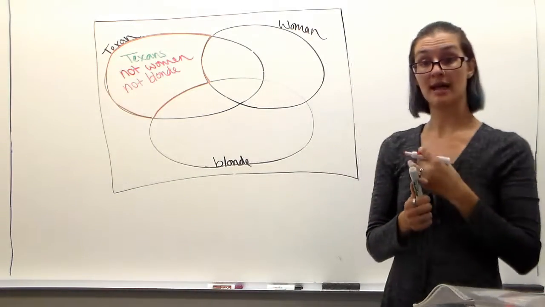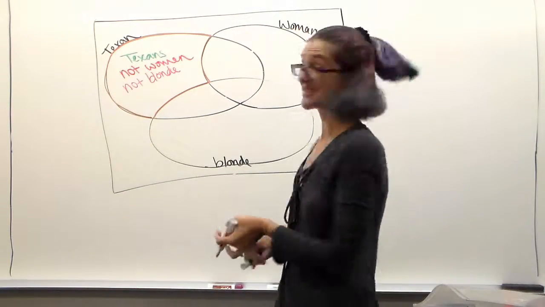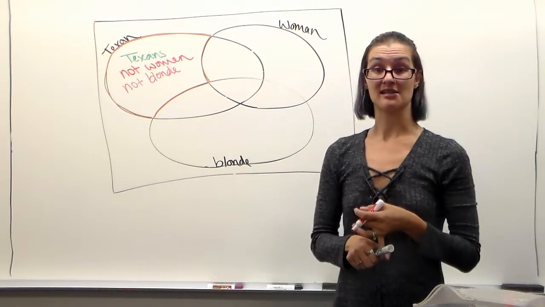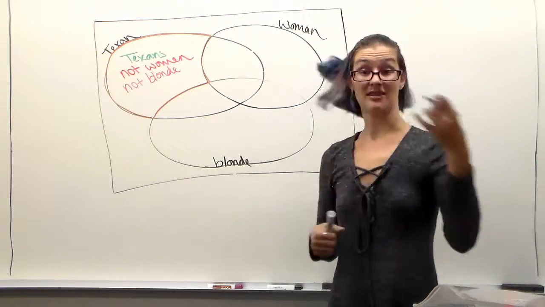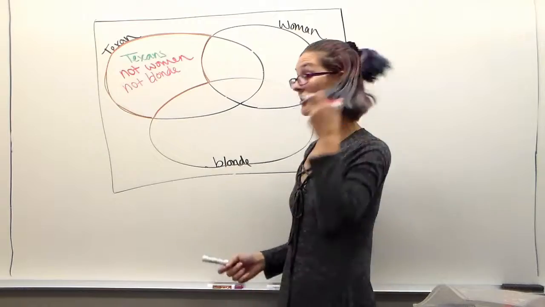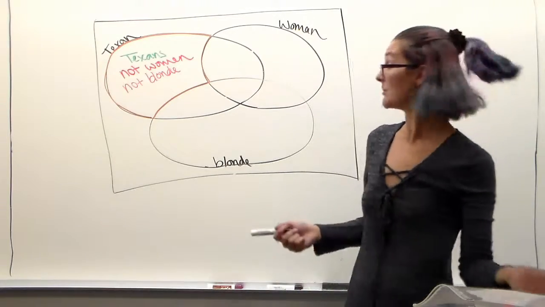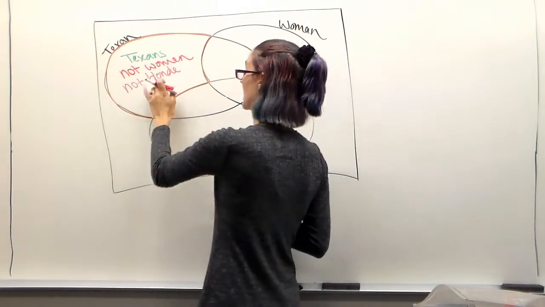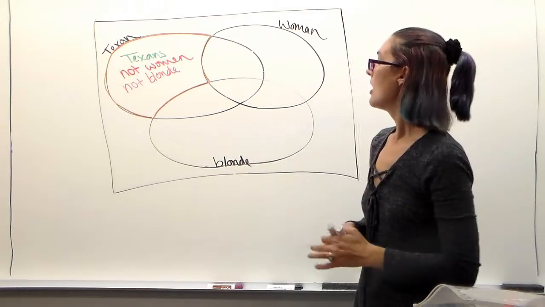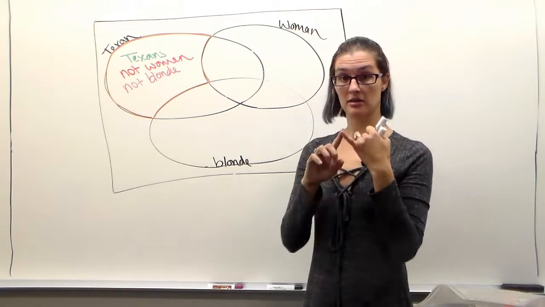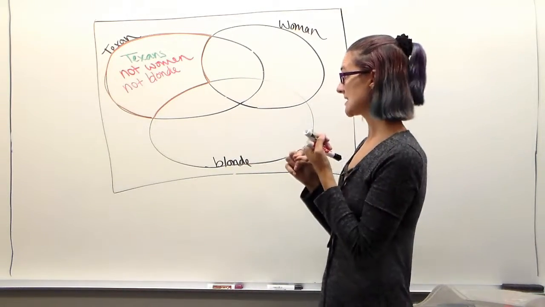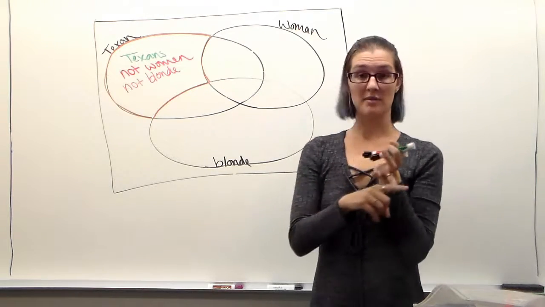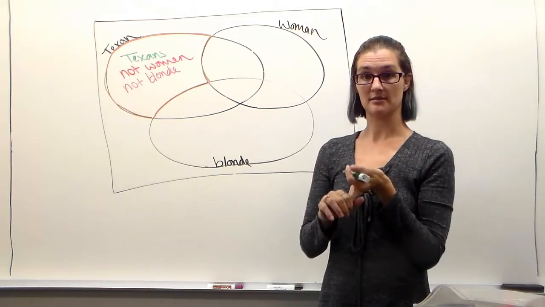Can we say they're brunette? No, because not blonde could mean a lot of things. It could mean they're brunette, redhead, or that they have blue or purple hair like me. All we know for sure is they identify as Texans, they are not women, and they are not blonde.